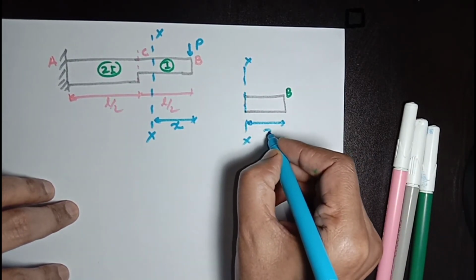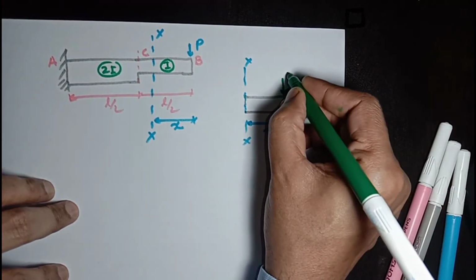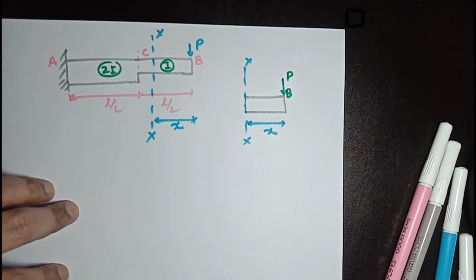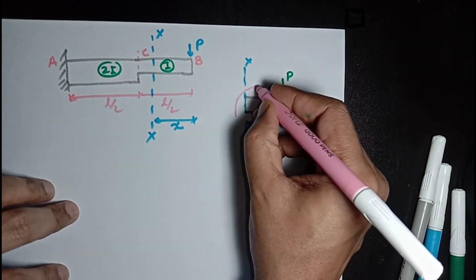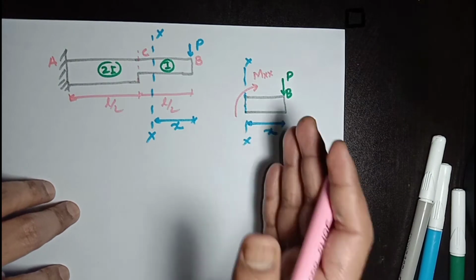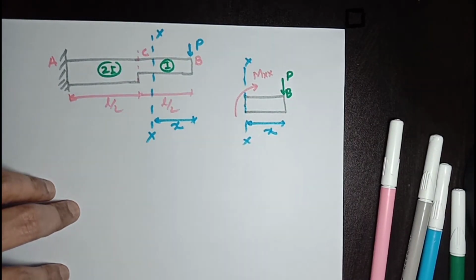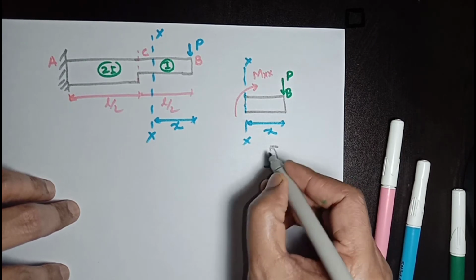This distance is x, and there is a point load P acting here. We need to find the bending moment Mxx, which will be the general expression of bending moment at any section x from point B. As per our assumptions, we are taking clockwise bending moment as negative.